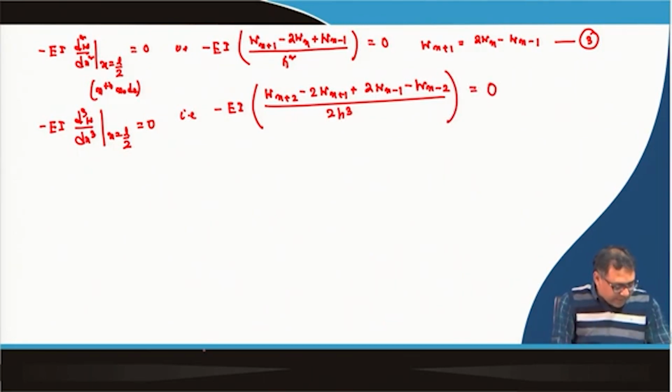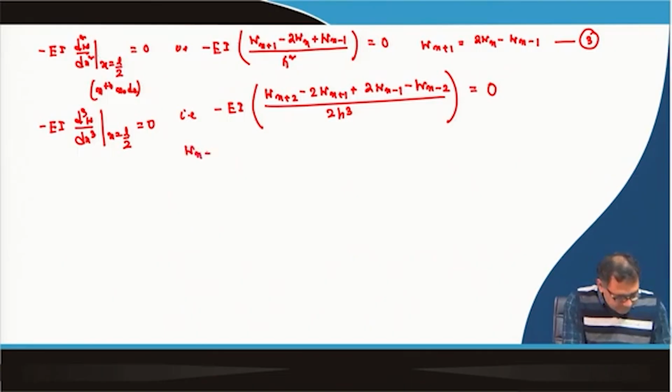So, now if I apply this, it is equal to 0, finally w n plus 2 minus 4 w n plus 2 w n minus 1 minus w n minus 2, that is equal to 0.